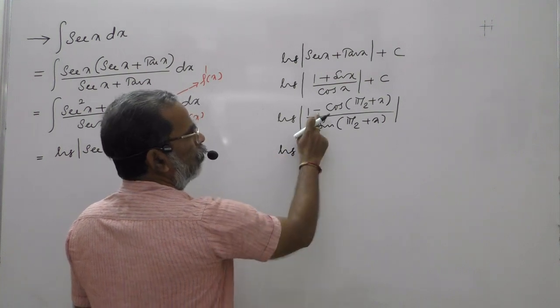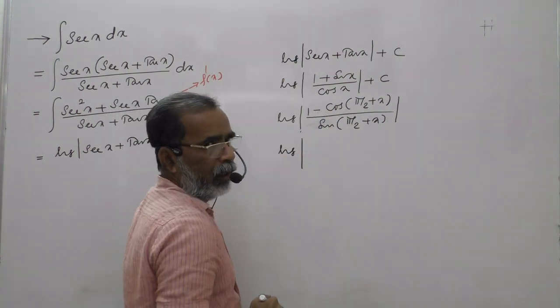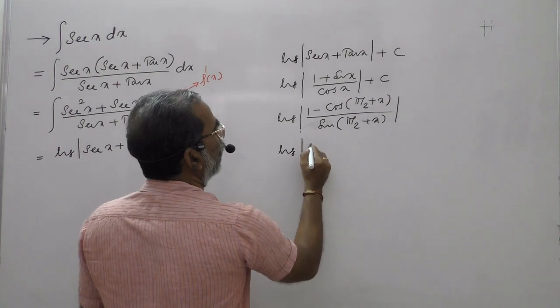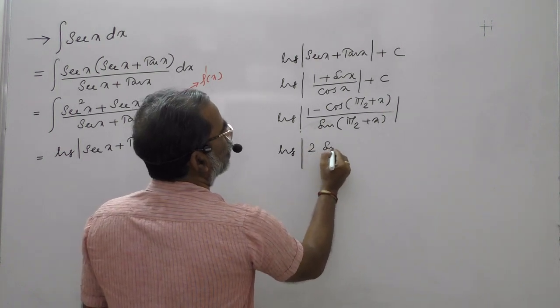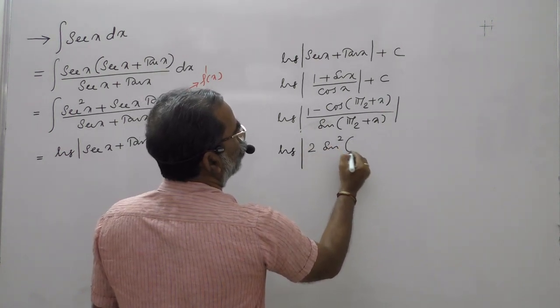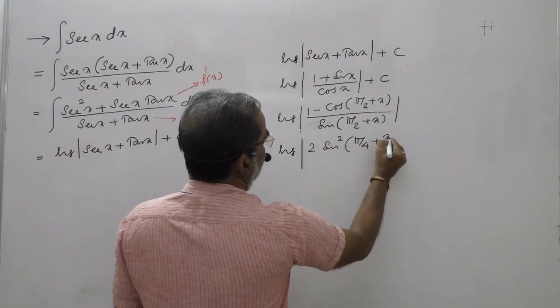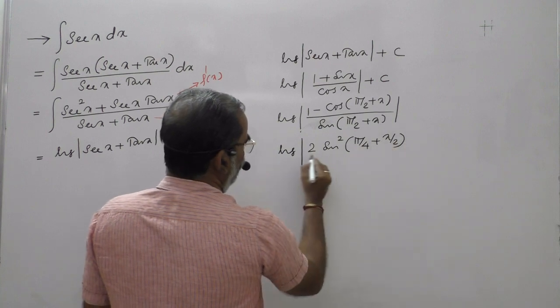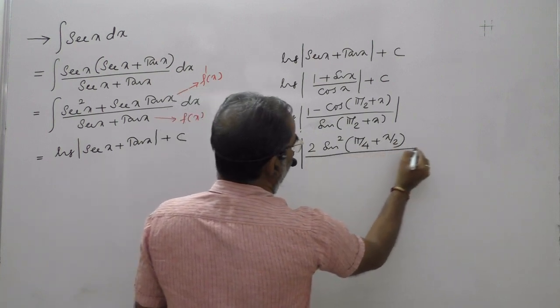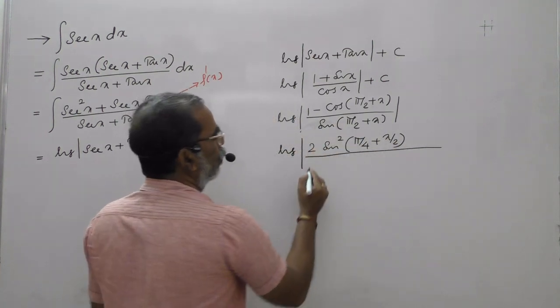Now what is this? Log of 1 minus cos 2a. 1 minus cos 2a is 2 sin square a. That means 2 sin square, where a means half of this. In the denominator, I will use the sin 2a formula.